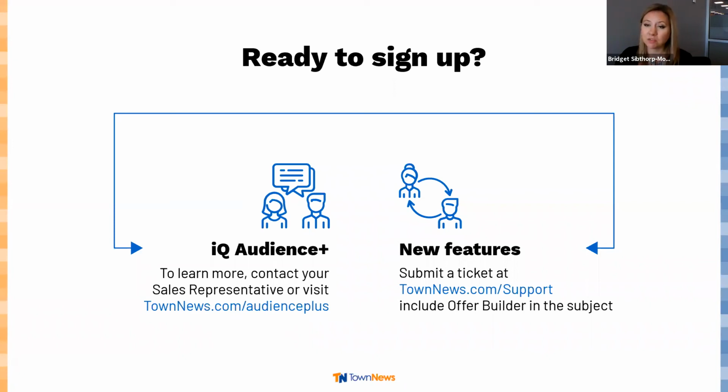And there's a short form you can fill out just to get a little more information, and we'll get you connected with the right people. Of course, you can also put in a support ticket. And in fact, if you're already an Audience Plus partner, you can take advantage of these new features now for no additional cost. You just go to your support ticket and include Offer Builder in the subject line, and we will get you all set up.